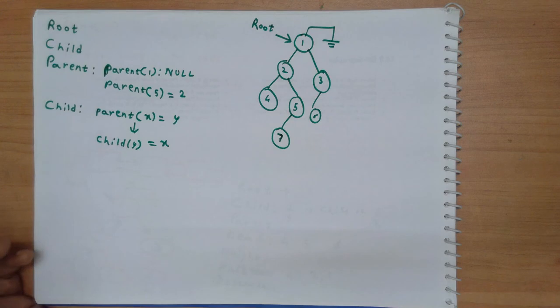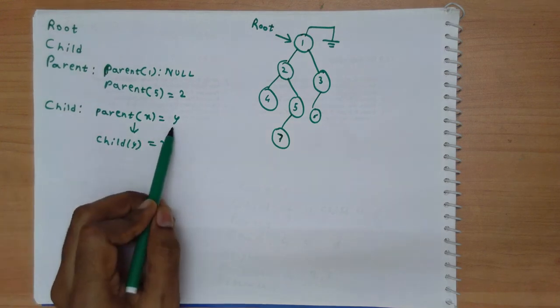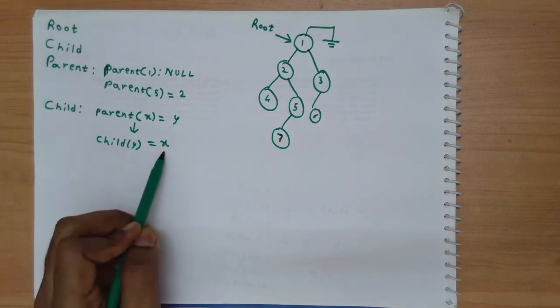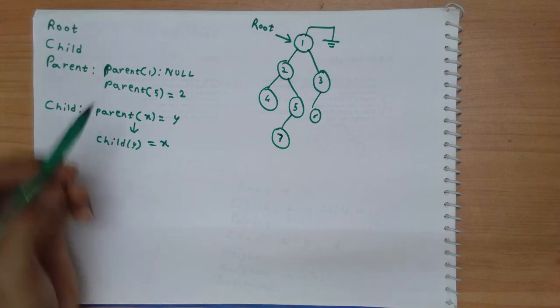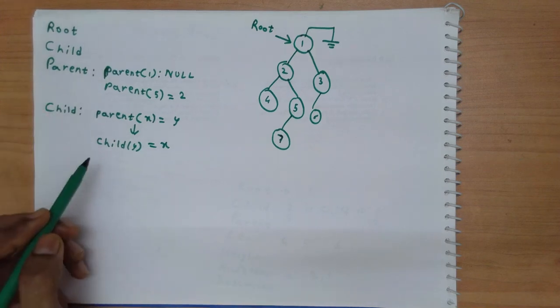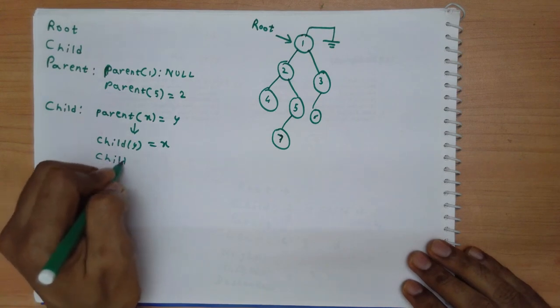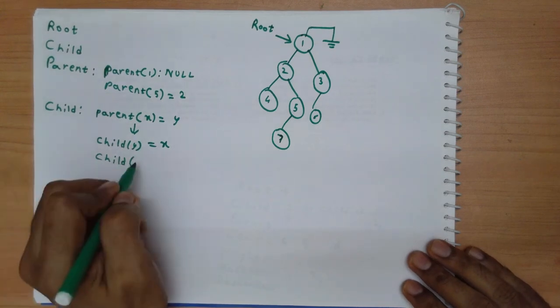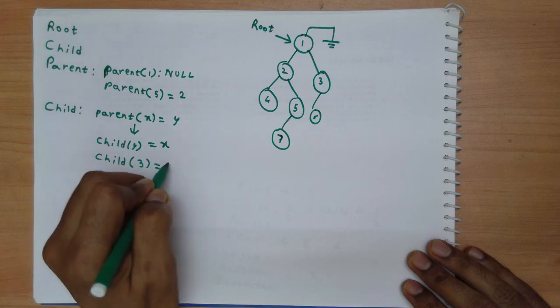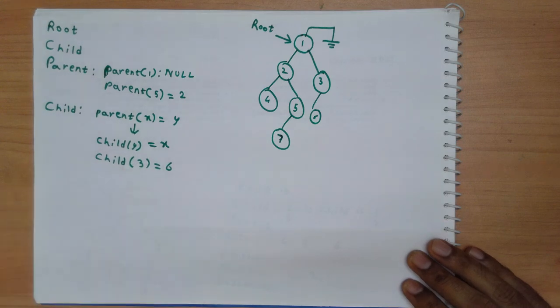So for node x, if y is the parent, then for node y, x is the child. If you have a list of parent relations, you can also know the child relations. So I can write that child of 3 is equal to 6 and so on.